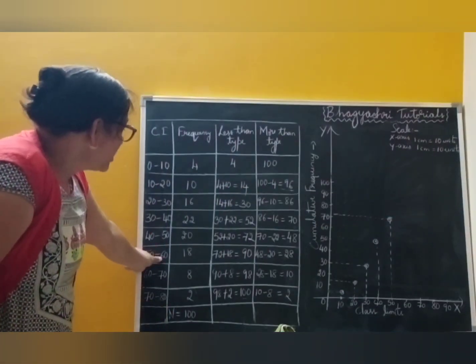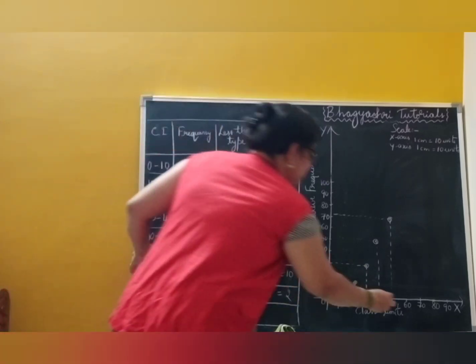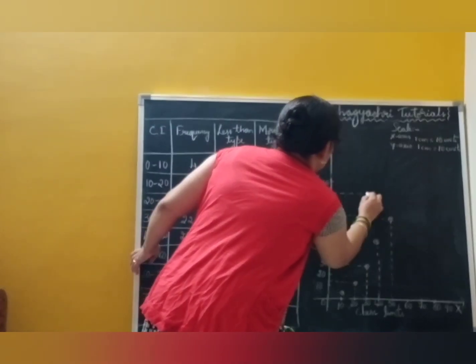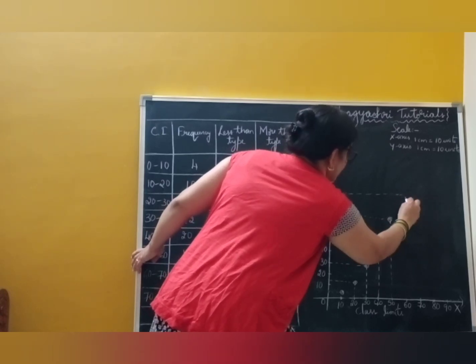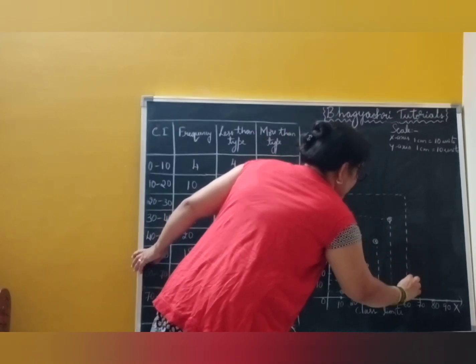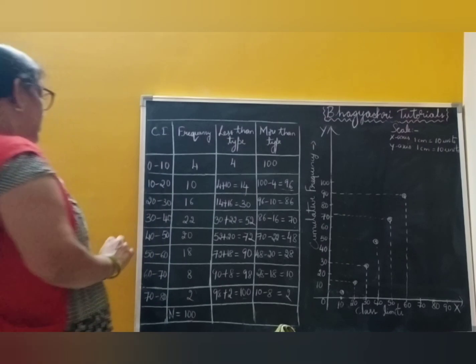Next, for 60, the less than type corresponding frequency is 90. So this point is 90.